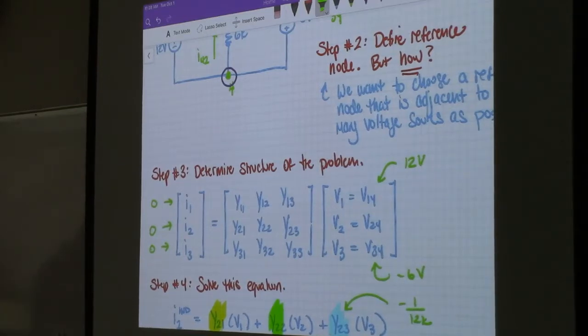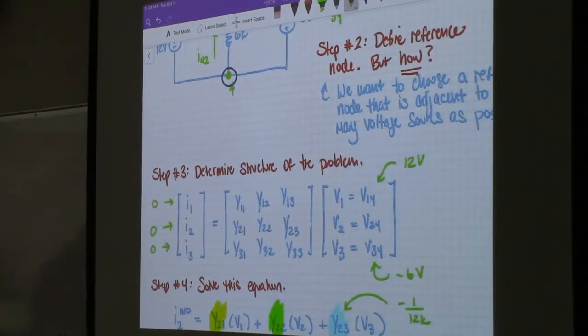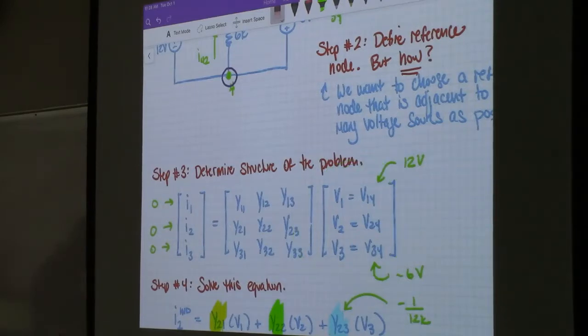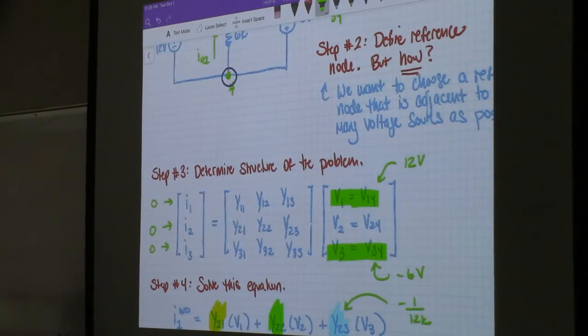Normally, this whole thing is unknown, right? V1, V2, and V3 are all unknown. That's what we're trying to solve for. However, in this case, we have a V1 that's known, and we have a V3 that's known. And so the first and the third equation don't do anything for us, right? They don't serve any purpose.